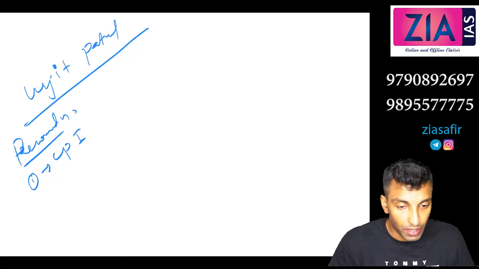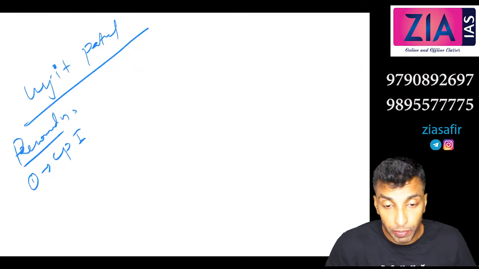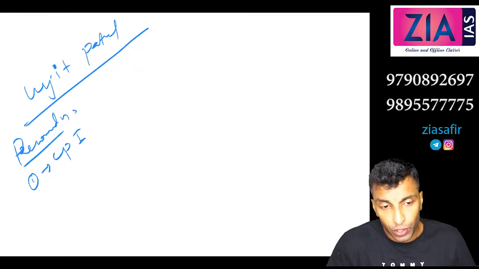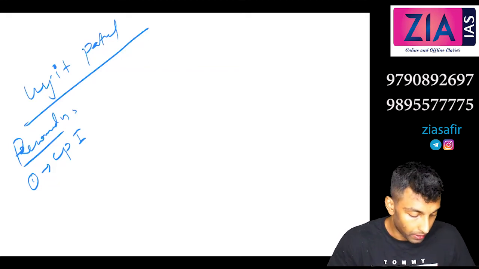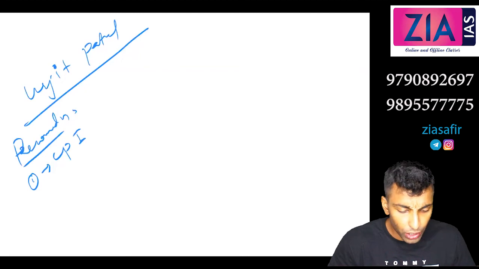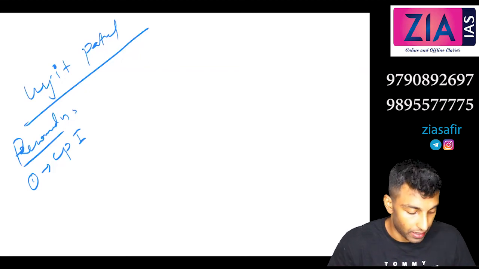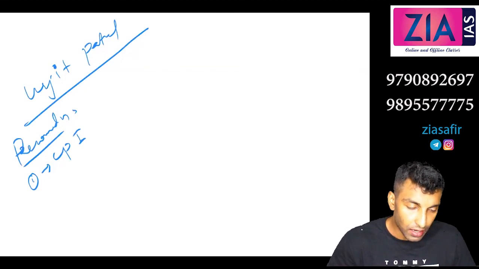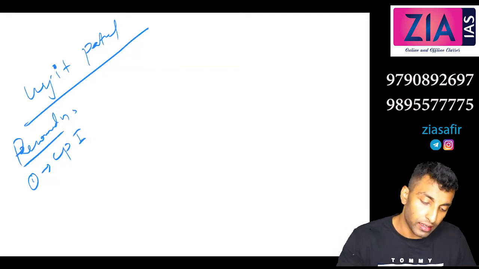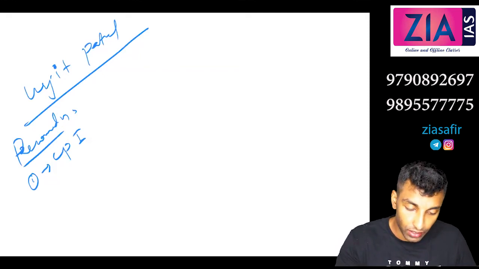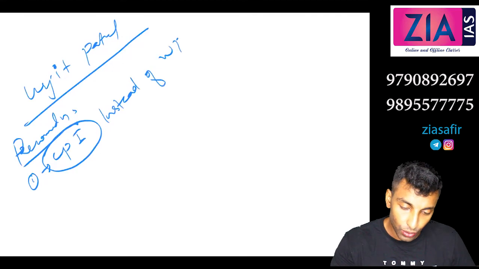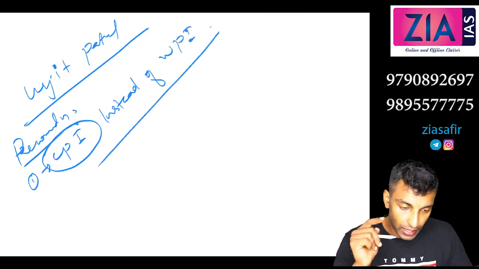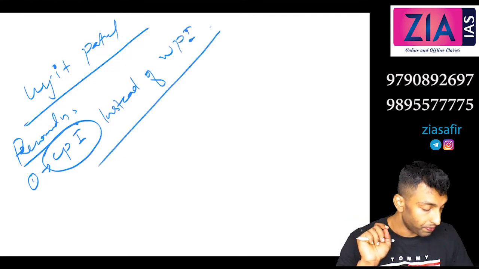WPI is missing services because there is no wholesale market for services. It is directly sold and consumed. And I have also told you this is an international best practice, CPI. Most countries are following CPI. So these are the valid arguments in support of the change, CPI instead of WPI. Those three are the valid points you can use to support this change.